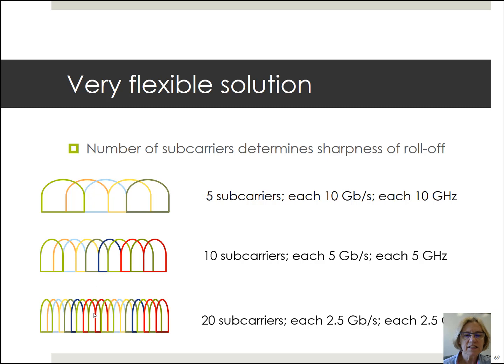Now, if I look at the overall spectrum of these solutions, I can see that at the edges of the channel, if we think of this as one super channel, or one OFDM channel, the edges of this higher number of subcarriers have much sharper roll-off.